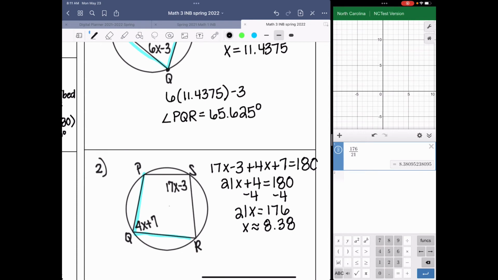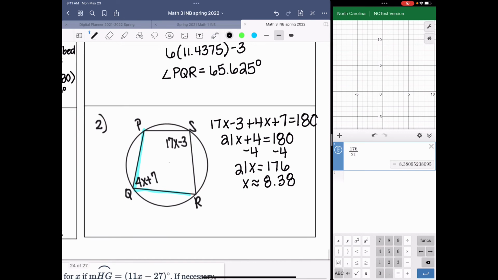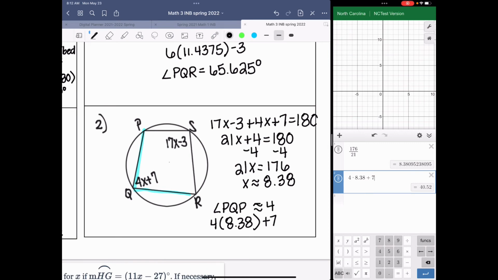All right, and once we get that, then we're going to find the measurement of PQR, and we're going to plug that in. So we're going to do 4 times 8.38 and add 7, and we get that it's approximately 40.52 degrees.